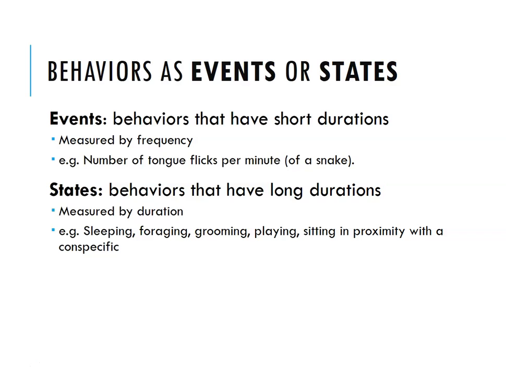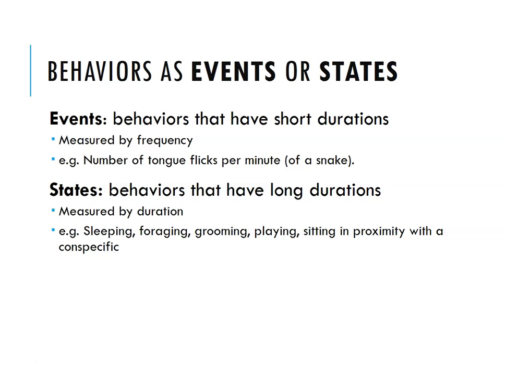Now, looking at those 4 different types of behavioral measurements, we also want to look at the behaviors of interest and determine if they are events or if they are states. And what I mean by that is that some behaviors have short durations.